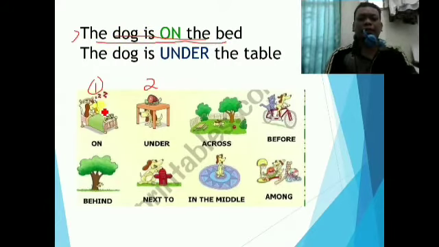Berarti anjing itu ada di atas tempat tidur. On and above are the same. So the difference is, on means the thing sticks on something. Jadi kalau on itu menempel seperti ini.